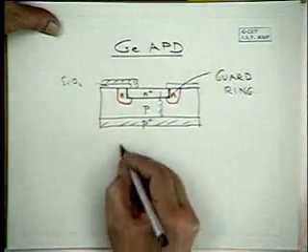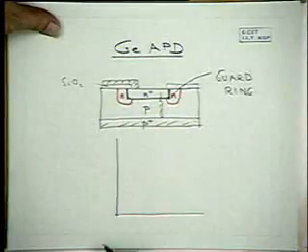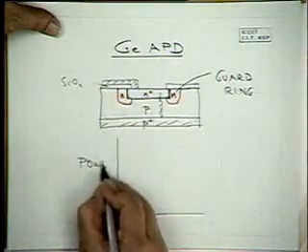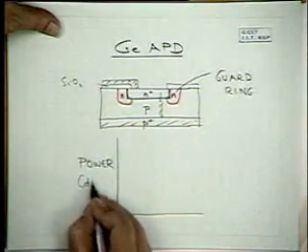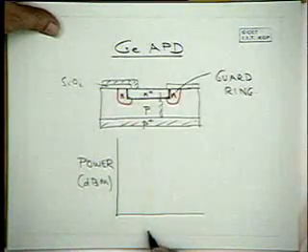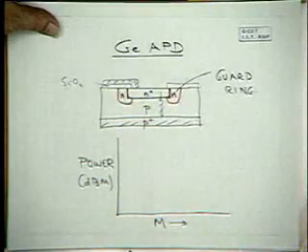Now, for this germanium APD, what I want to show is how the gain, or the multiplication, affects noise and signal.